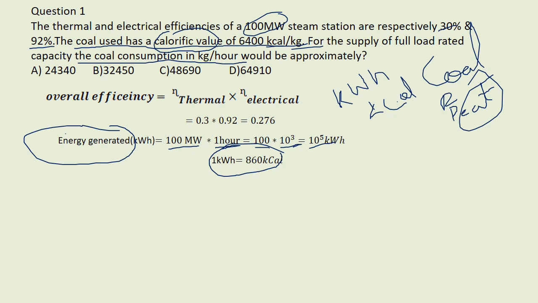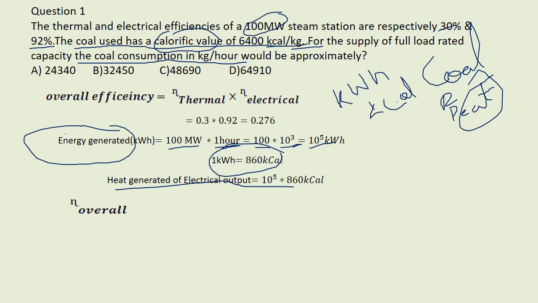So we have converted our electrical energy, 10 to the power 5 kilowatt hour, and we need to convert that into kilocalorie. So this is 10 to the power 5 into 860 kilocalorie.